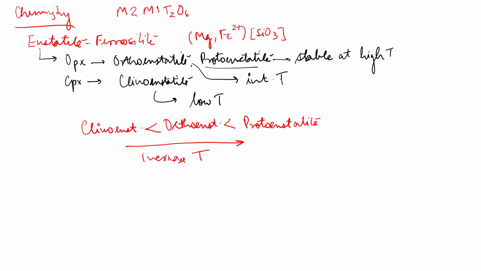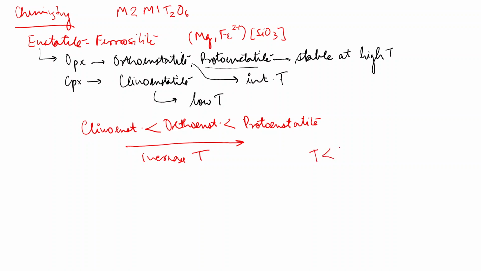Temperature. Okay, at temperatures less than 1000 degrees Celsius, enstatite and members of this enstatite-ferrosilite solid solution series are polymorphic forms that occur in both igneous as well as metamorphic rocks. So at what temperatures?